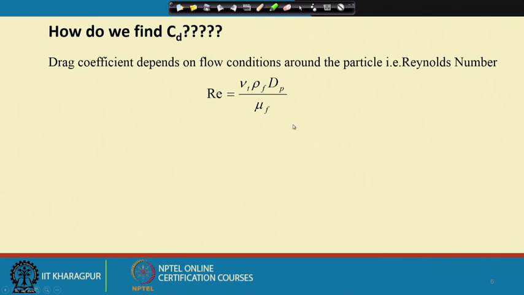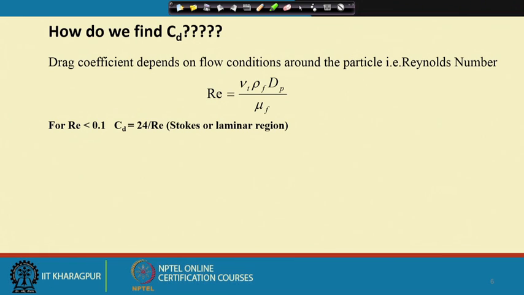So, if I know the Reynolds number, then another famous scientist in the field of fluid mechanics, Stokes, proposed that when the Reynolds number of the particle is less than 0.1, the drag coefficient C_D is equal to 24 by Re, and this is called the Stokesian condition.